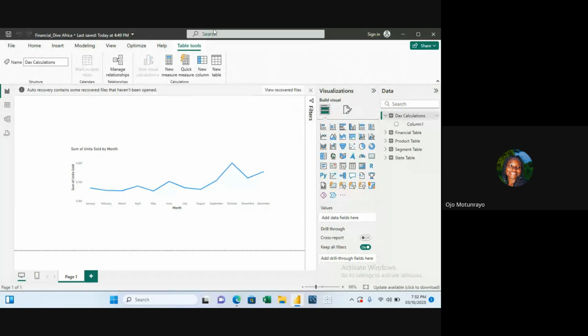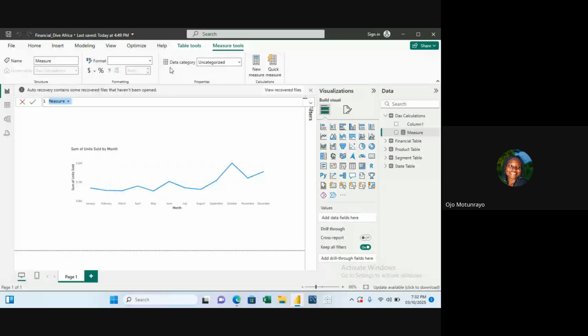So let's go to new measure. So going to new measure, you either call it total revenue or total sales, but let me call it total revenue.